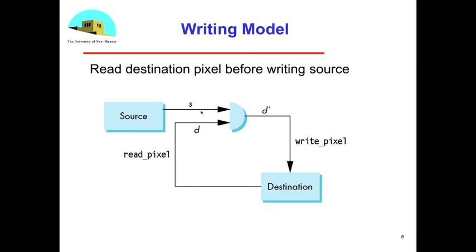Now, if we do this on a bit by bit basis, later, as I said, we'll do this for blending, where these will be pixels or integers. But to understand what's going on, think of these as bits. So I'm reading a bit, and then I'm writing a bit out at a very low level. Now the question is, how many ways can I do that? And if you think about that, there's exactly 16.